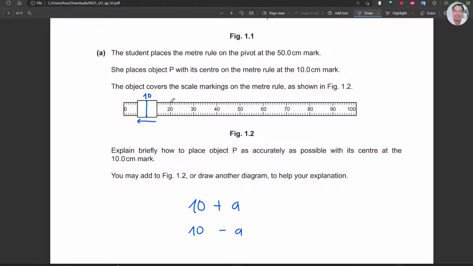So as long as you have two values, for example here 12 and here 8, each edge of this object is at a mark which is at the same distance to the middle mark 10, then it is accurately placed at 10.